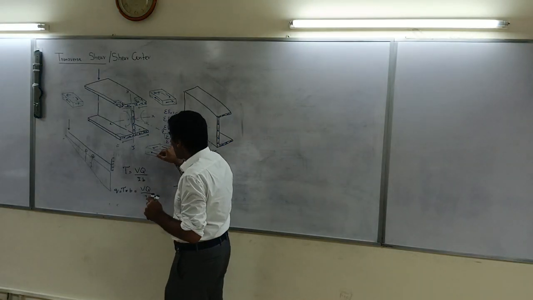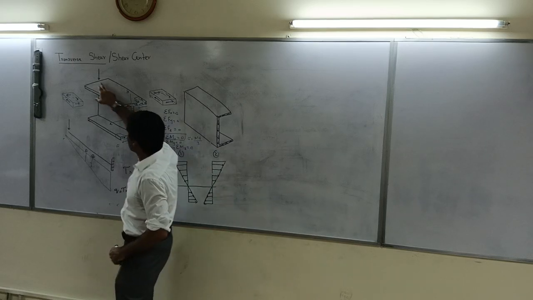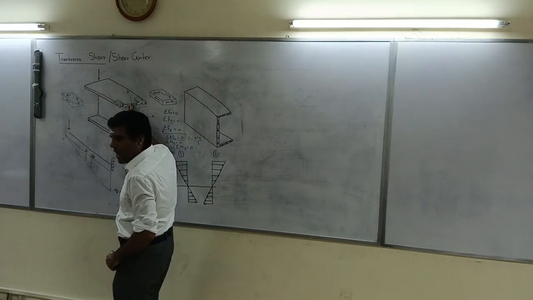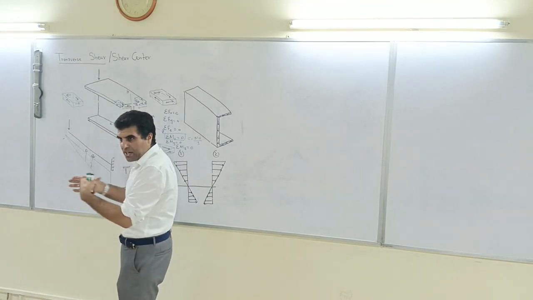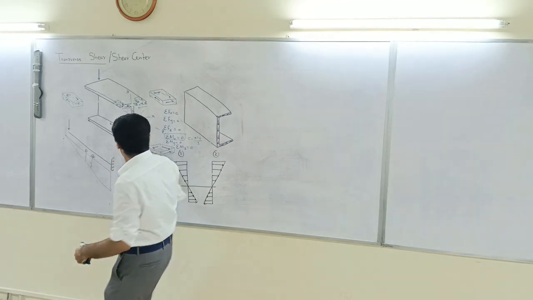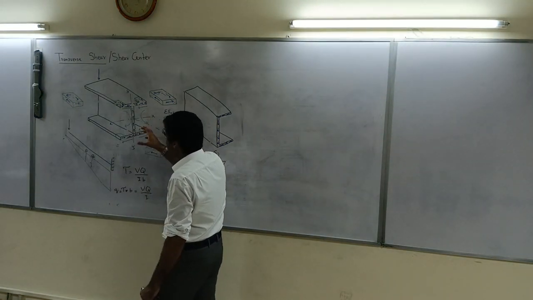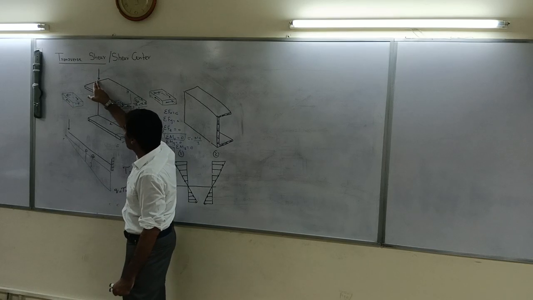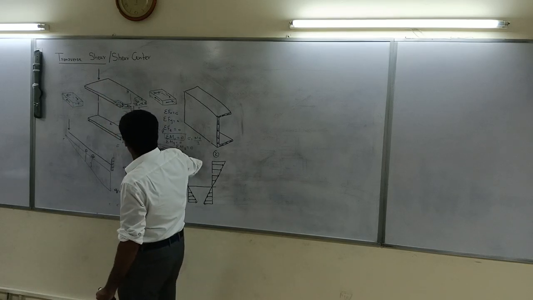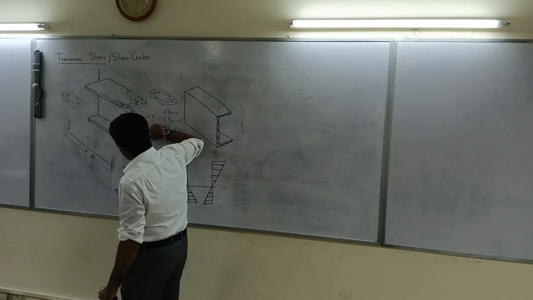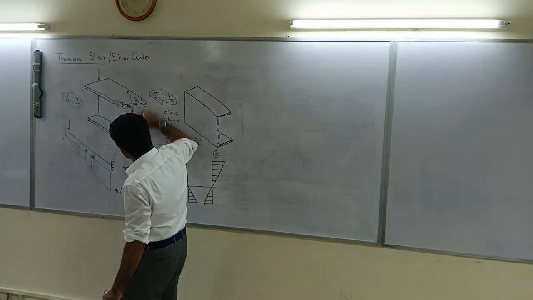Summation of moment about y-axis must be equal to 0. The load is applied on the y-axis, so there is no force which is causing imbalance in the y direction, so that is also equal to 0. And summation of moment in the z direction, look, in the z direction you have got these flange forces, isn't it? This force and this force.